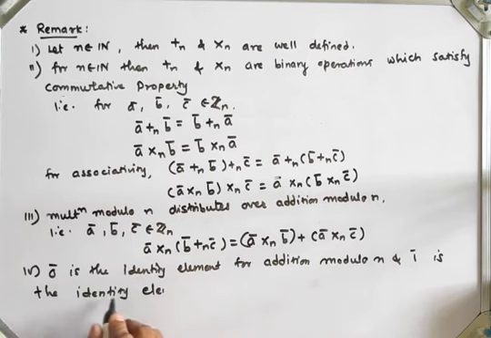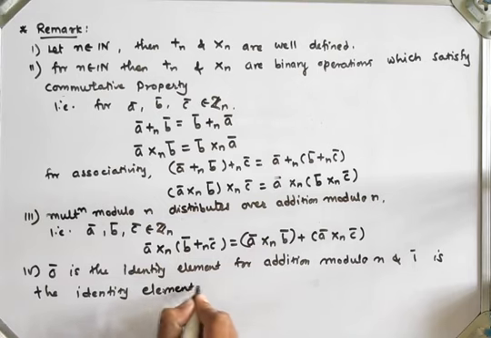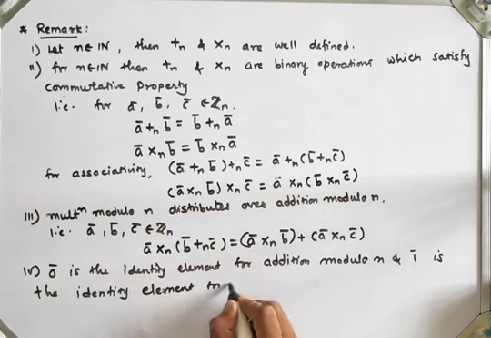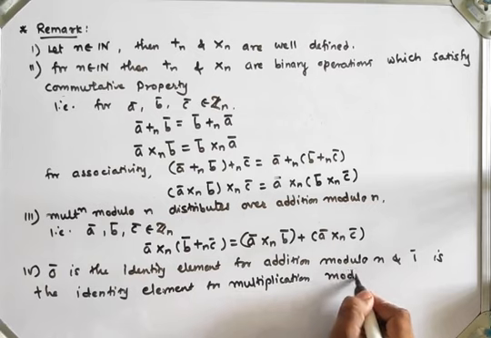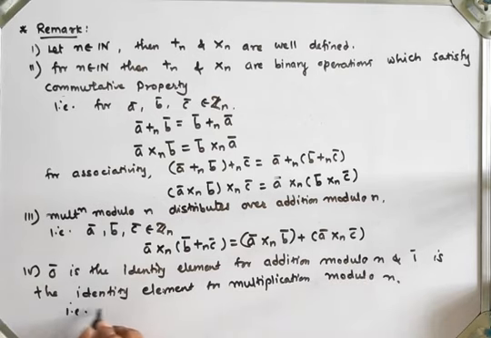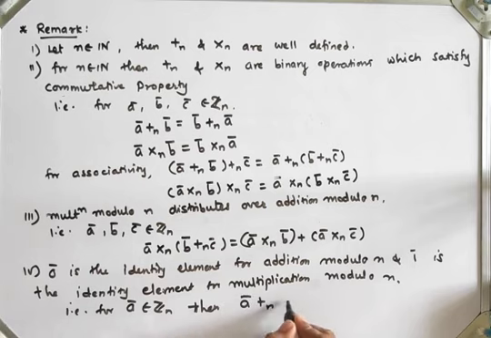For a bar belonging to Zn, we get a bar addition modulo n 0 bar is equal to a bar. So 0 bar is the additive identity, and for the multiplicative identity we get a bar multiplication modulo n 1 bar is equal to a bar. So here 1 bar is the multiplicative identity.